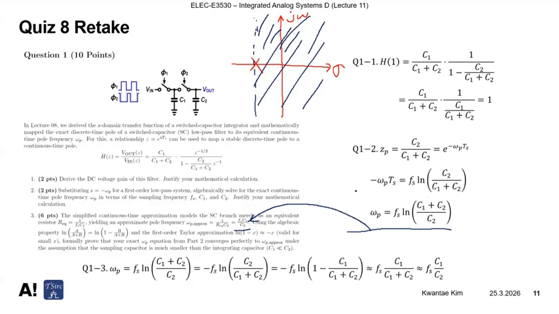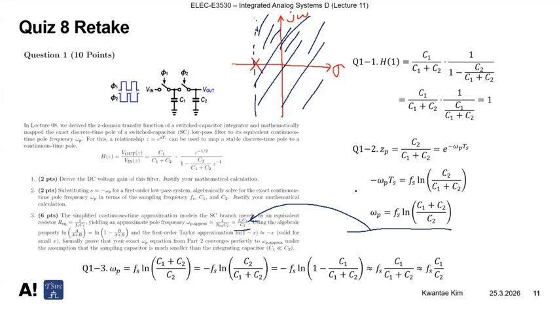You can match the internal term of Ln. Then you have to first make sure it is of the form A over A plus B. So you take it out as a minus. This is a Ln, right?